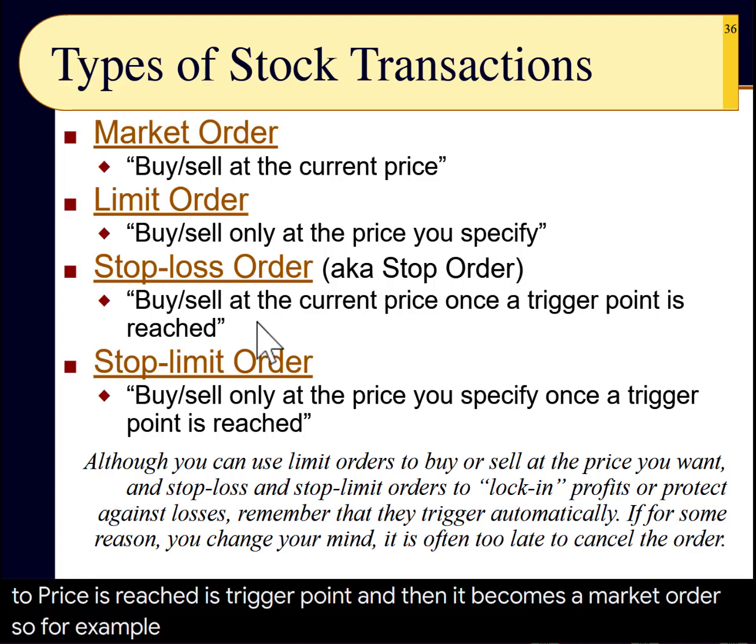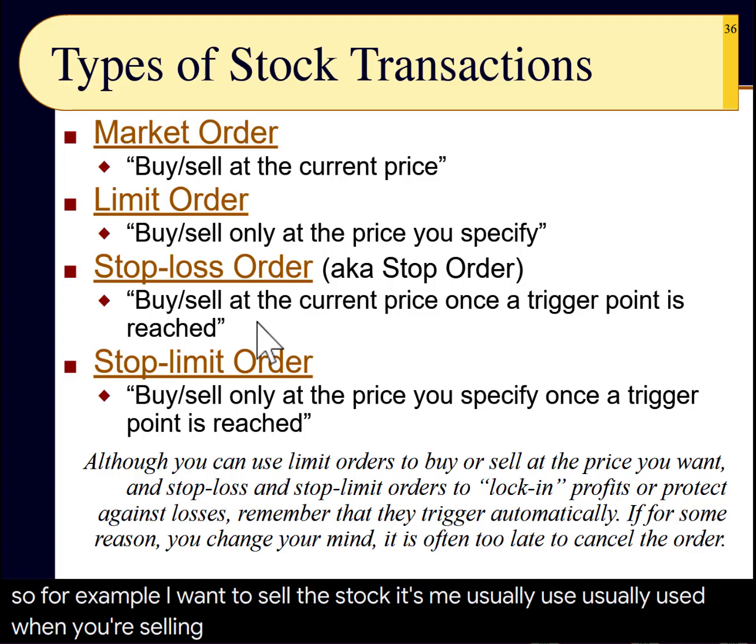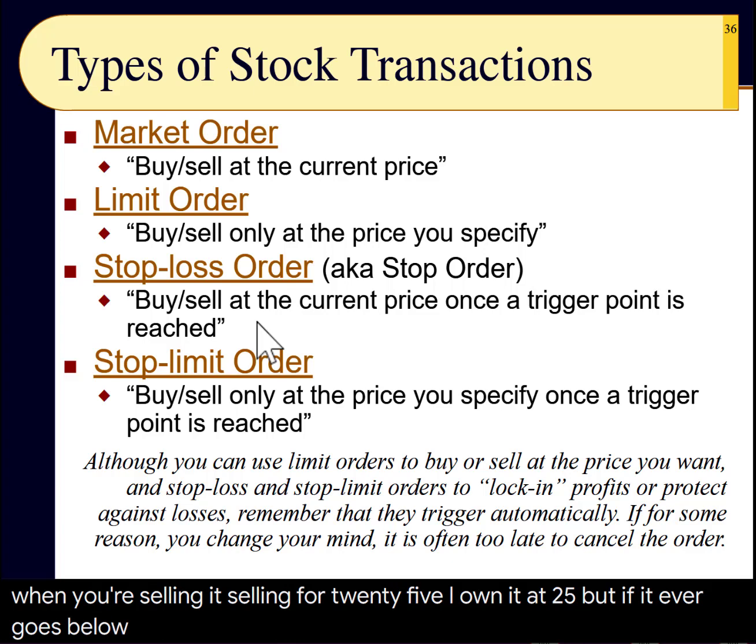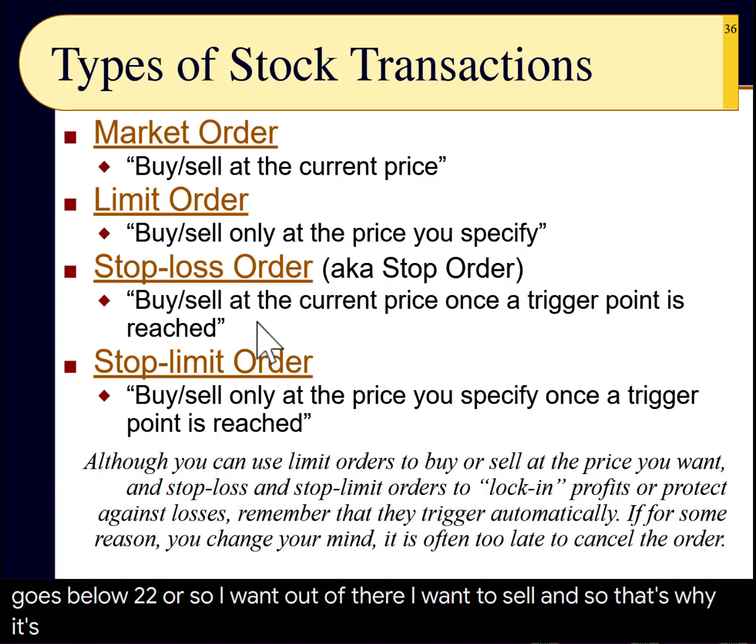So, for example, I want to sell the stock. It's usually used when you're selling. It's selling for 25. I own it at 25, but if it ever goes below 22 or so, I want out of there. I want to sell. And so that's why it's sometimes called a stop loss order.